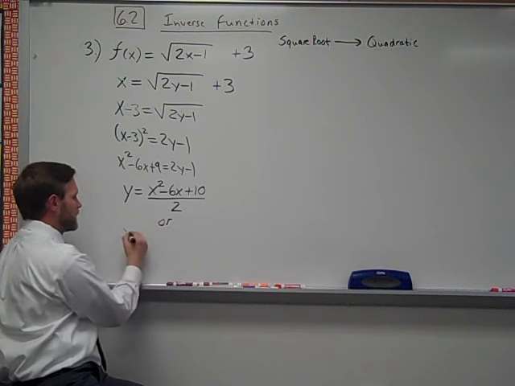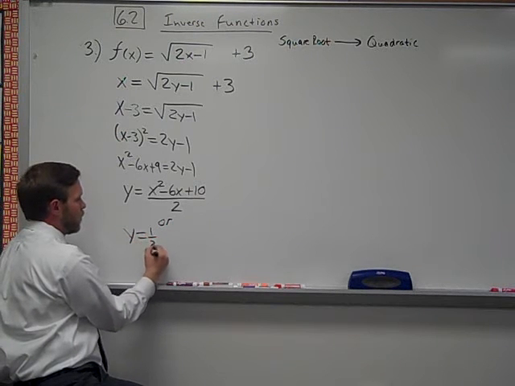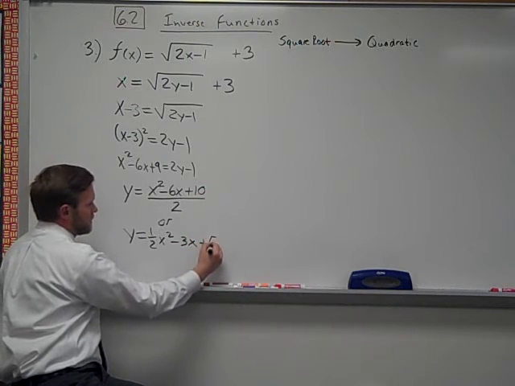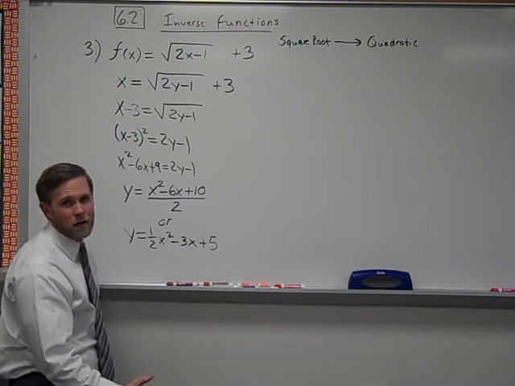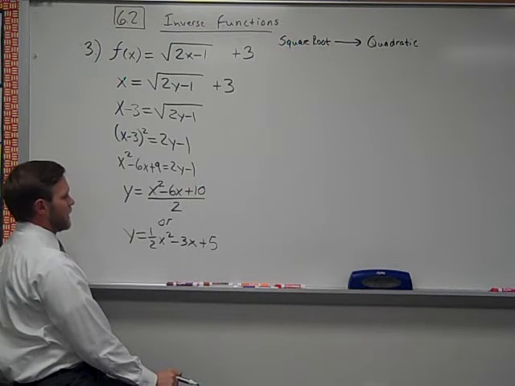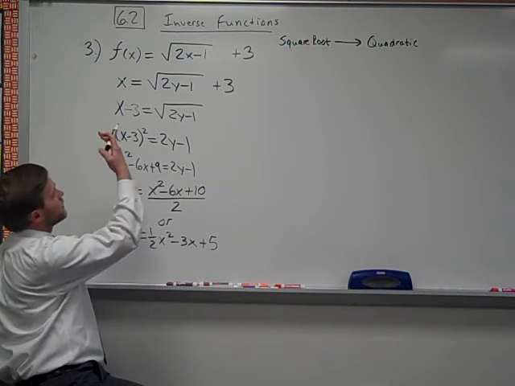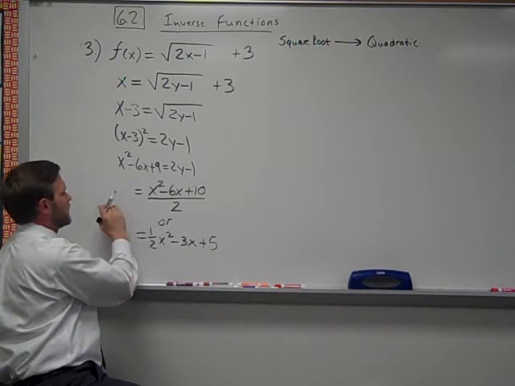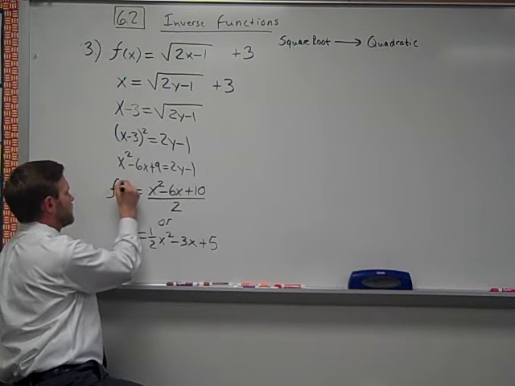So it could look like this: 1/2 x squared minus 3x plus 5. Either one of those is acceptable for me. We should also probably, since the original problem was in function notation, change this and write it in function notation as well.